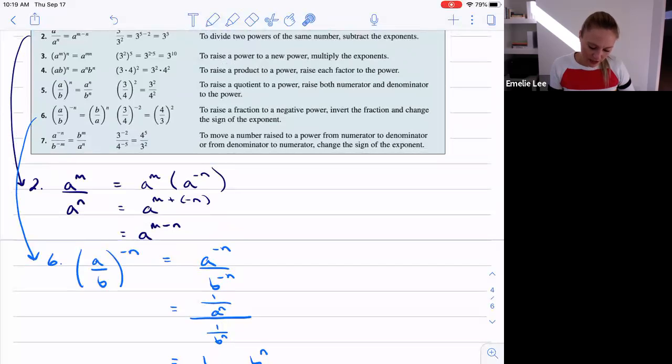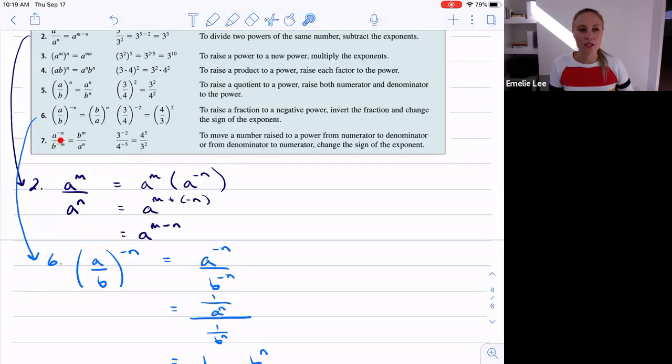Similar idea, right? If you have a to the negative n over b to the negative m, so now I've got a different power, but it does behave the same way in the end. And so you can even do it with different powers. You can manipulate it the same way.